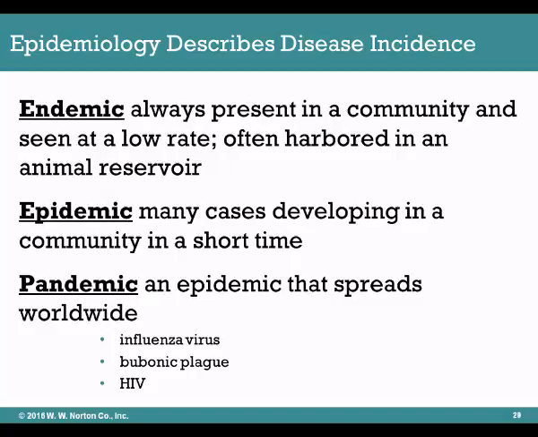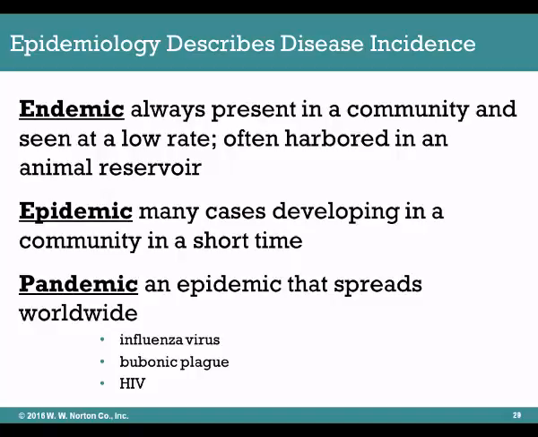Finally, I want you to understand some key terms that epidemiologists use to describe the severity or the spread of disease and how many people are affected by the disease. So endemic is when a local community is affected by a disease from year to year.